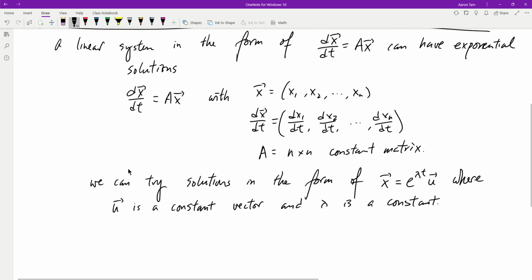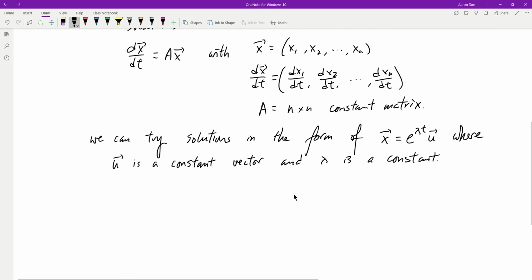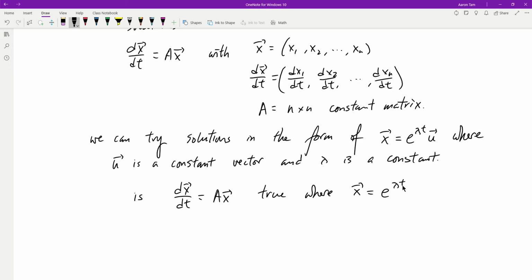Now the interesting thing is, how do I know a solution in this form will satisfy the differential equation? Well, simple, let's find out. To show that it satisfies the differential equation, all I have to do is show that this equation is true if x is this. So the question is: is this statement true when vector x is equal to e to the lambda t vector u?